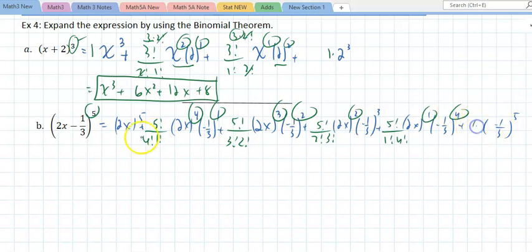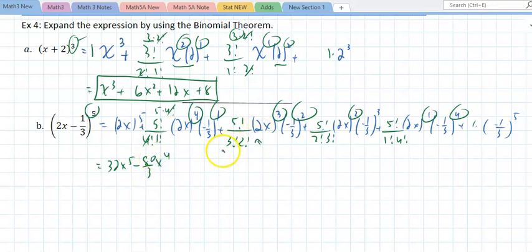And this is a 1, we know that. So that is 32x to the 5th plus, this is 5 times 4 factorial. That's 5 times 2, 4, 8, 16, 80. That's negative 80 over 3x to the 4th.